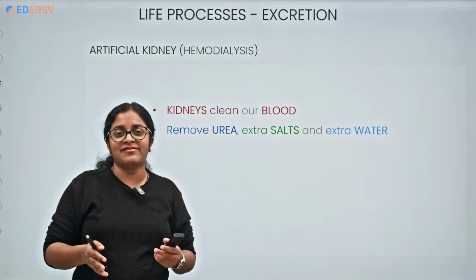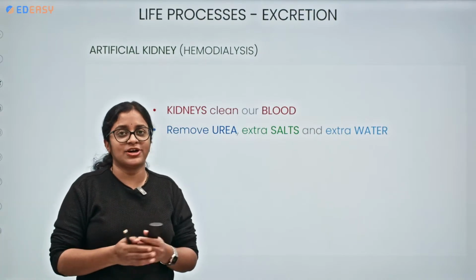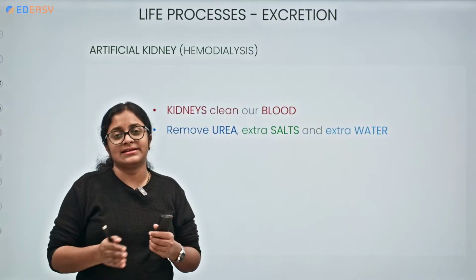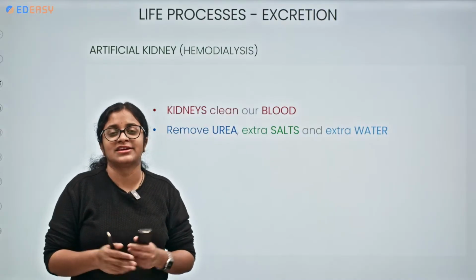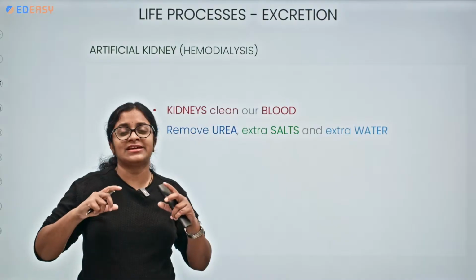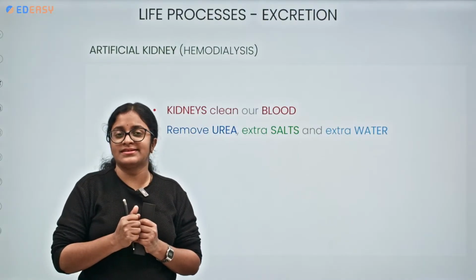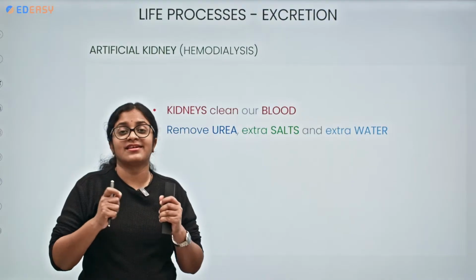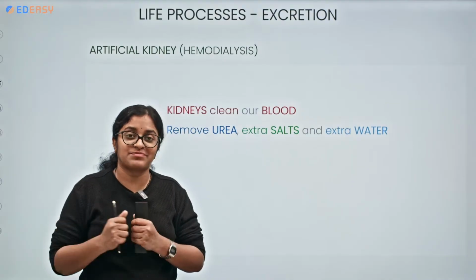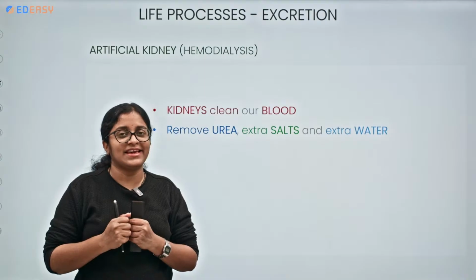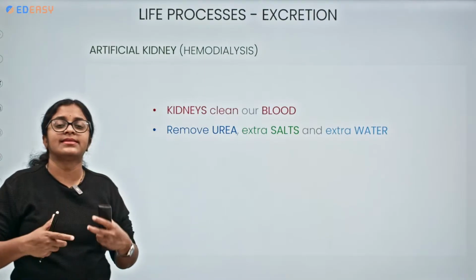Okay, so now let's enter into the concept of artificial kidney, that is the hemodialysis. What happens if the kidneys do not function properly? There is a hindrance in the elimination of waste material. Kidneys generally clean and filter our blood.